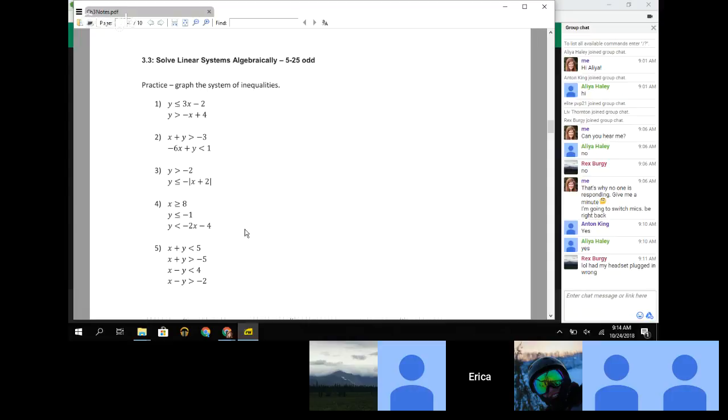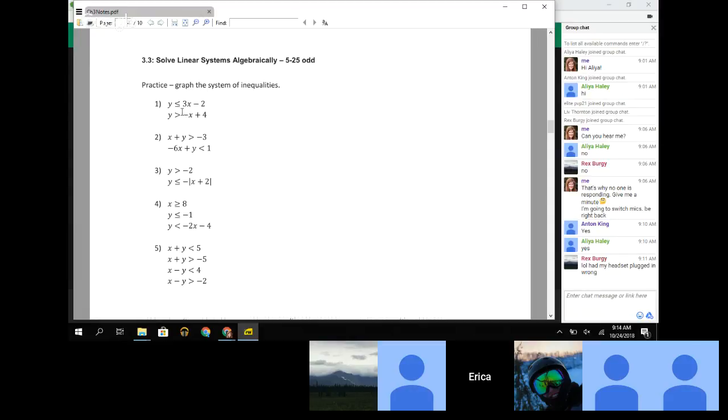What we're going to do in this section is similar to what we did in section 3.1. We have two equations, and we want to know what values are true for both. What's a little different about these systems is that instead of equal signs, we have inequality signs.